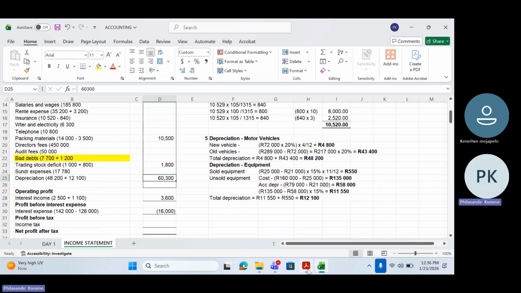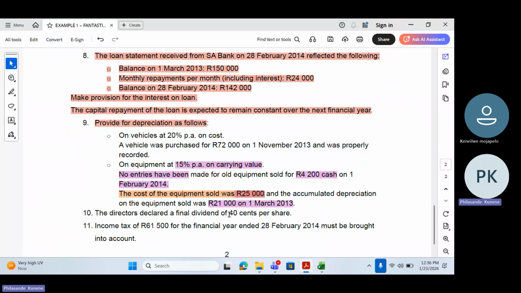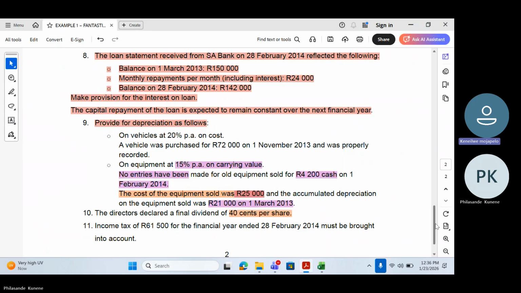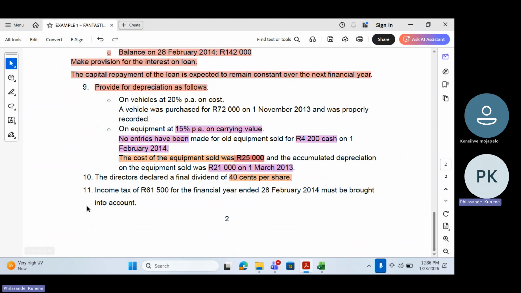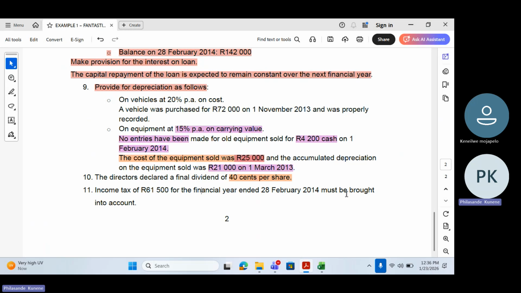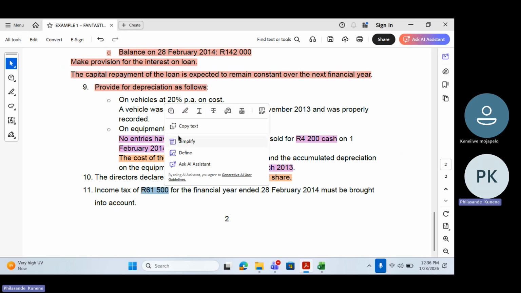And then we go to the directors declare the final dividend of 40 cents per share. Does this affect income statement? No. It does not. Okay. Income tax of 61,500 for the financial year ended 28 February 2014 must be brought into account. So that is income tax, right?